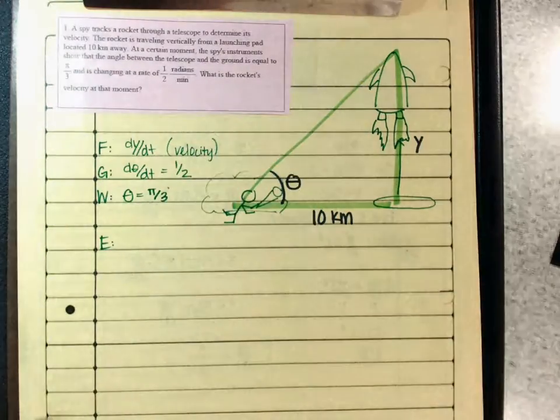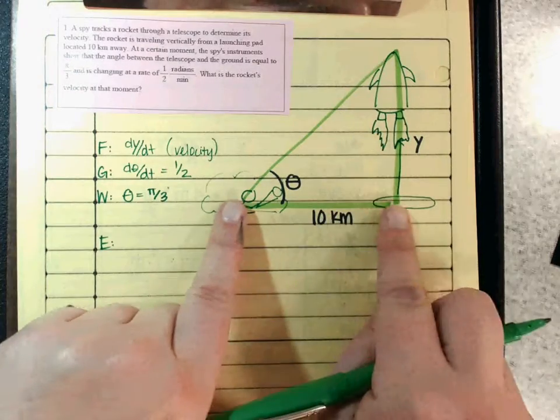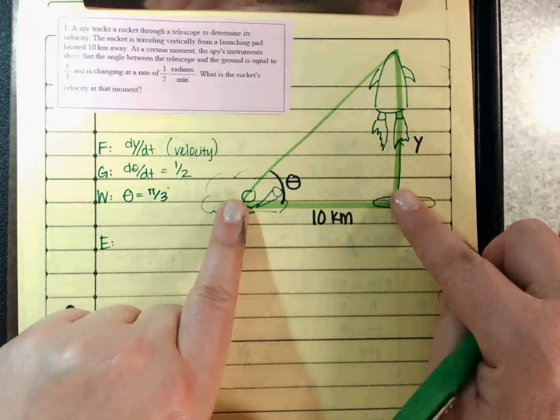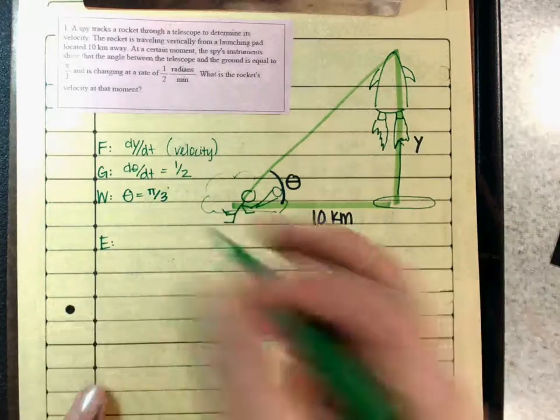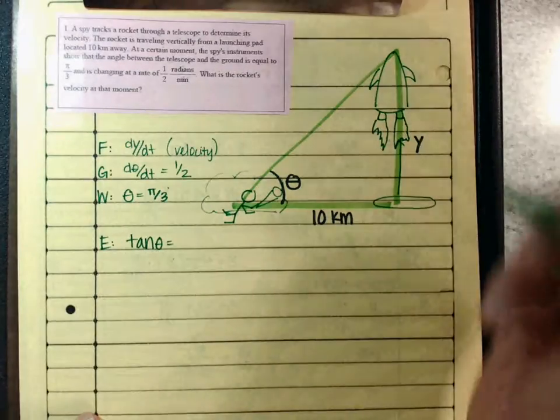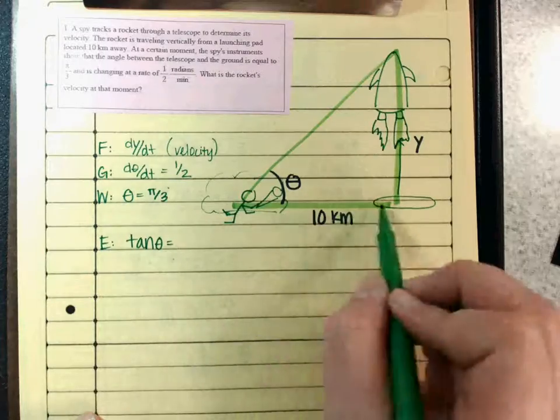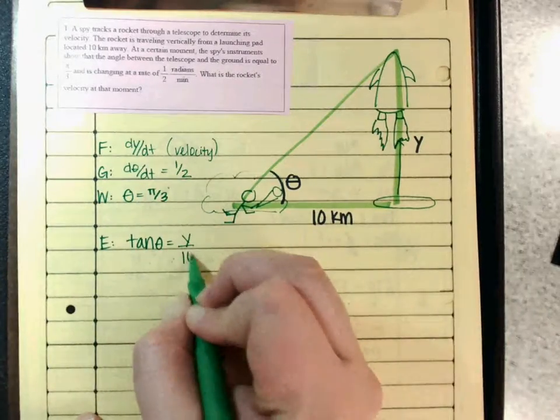Okay, so now we need to pick an equation. Your choices are sine, cosine, or tangent. That's going to relate the sides of the triangle that we care about. We care about this side, and we care about this side. Tangent. Okay, so set up tan θ equals opposite, which is y, over adjacent, which is 10.